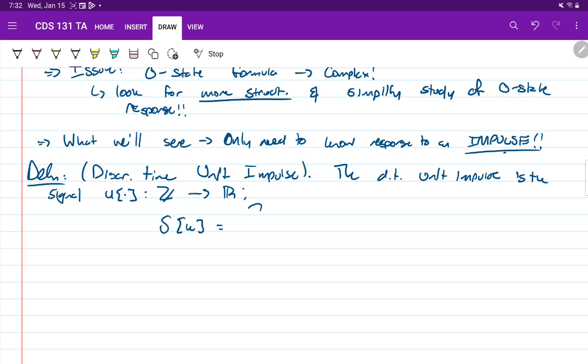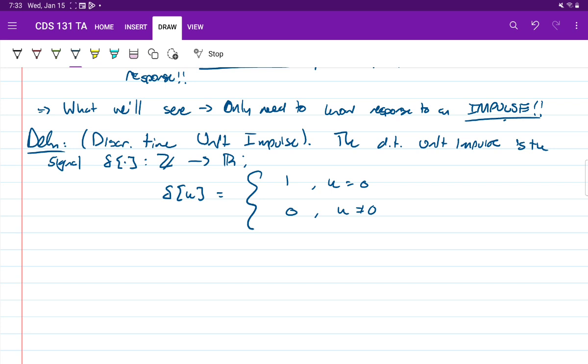Delta at time k, let me write this as a delta, which is the letter we usually use, is equal to 1 if k is equal to 0, and 0 if k is non-zero. So the discrete time unit impulse signal jumps up to 1 when k is equal to 0 and is equal to 0 everywhere else.